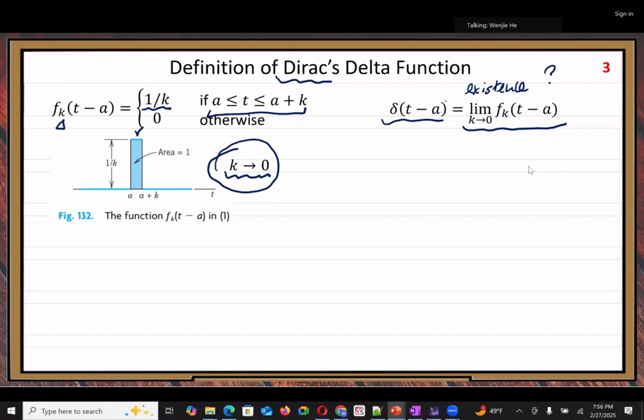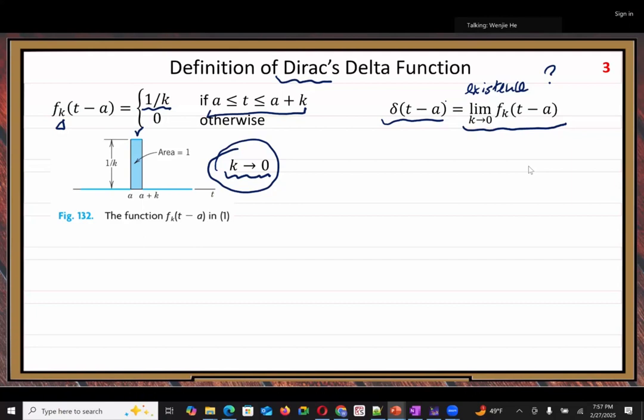Because this notation is very useful, although it looks not rigorous. It is not rigorous math here. That's why a lot of mathematicians before had problems with it. But let me temporarily call it a function.